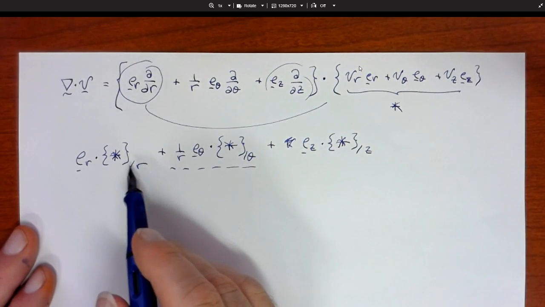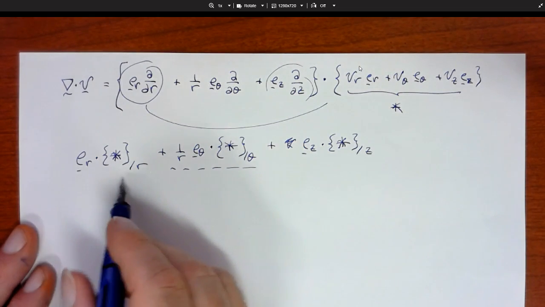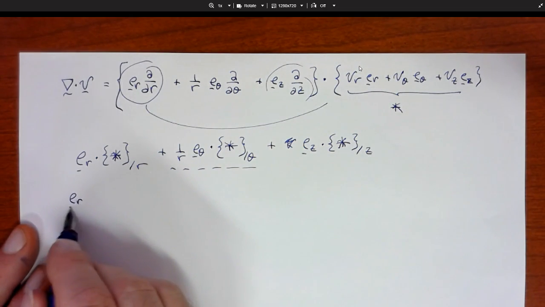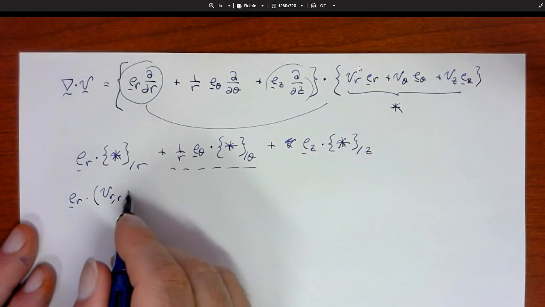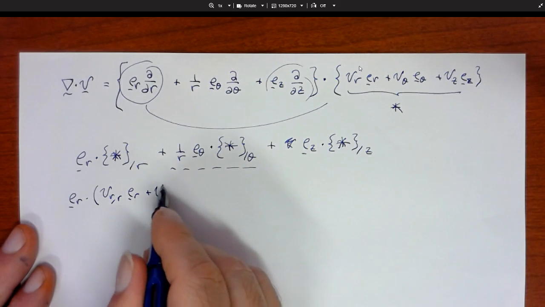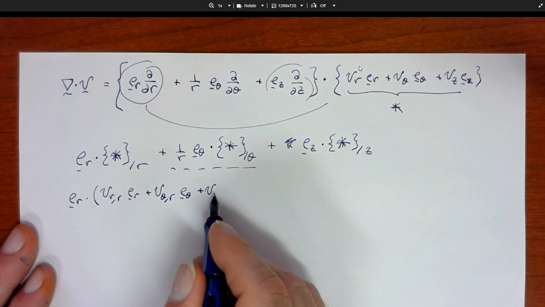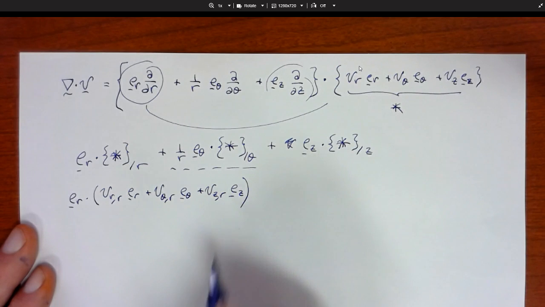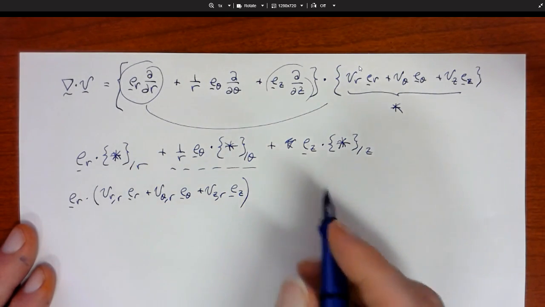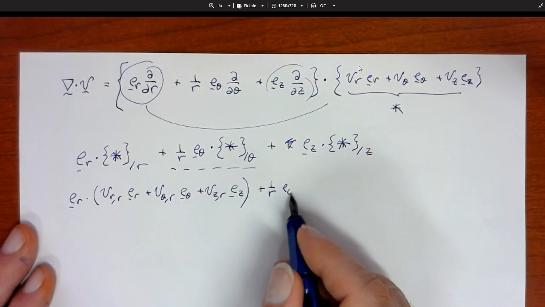So when I take this with respect to R, this term here is just going to give me ER dotted with VR comma R in the ER direction, plus V theta comma R in the E theta direction, plus VZ comma R in the EZ direction, right? Then we're going to get this 1 over R E theta.